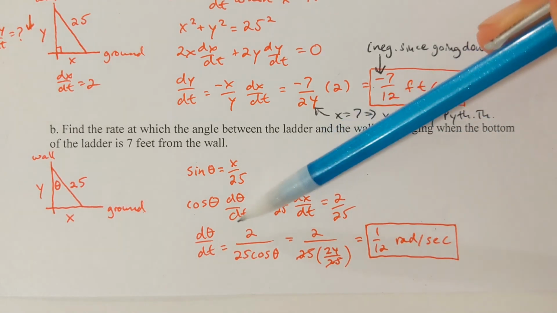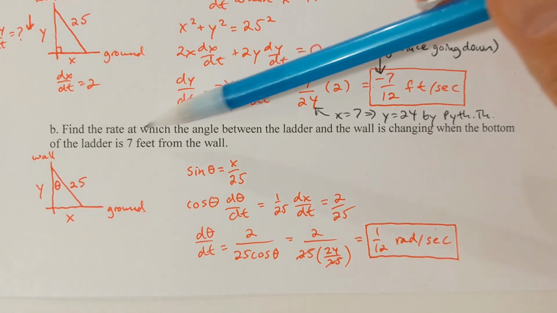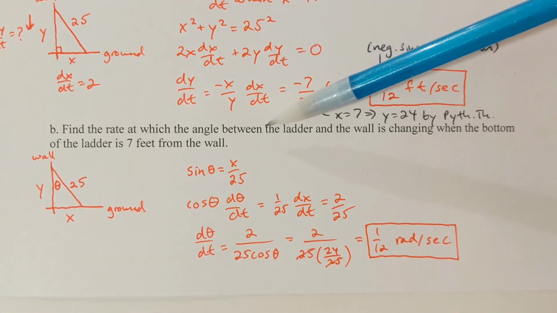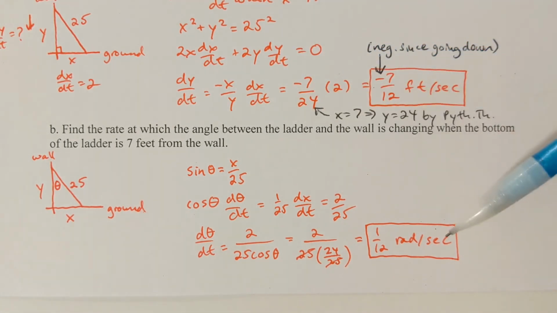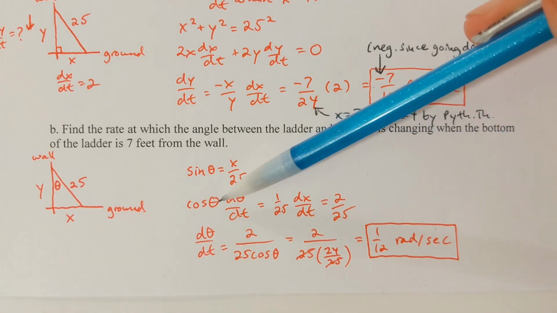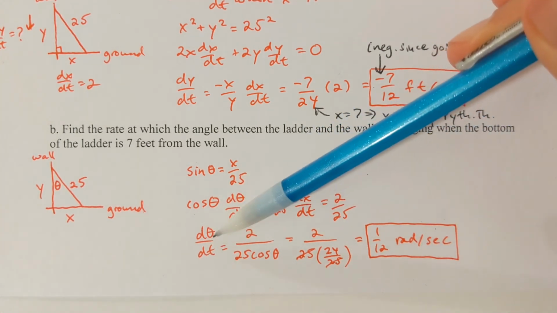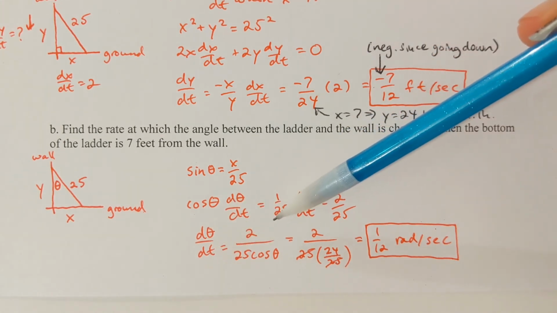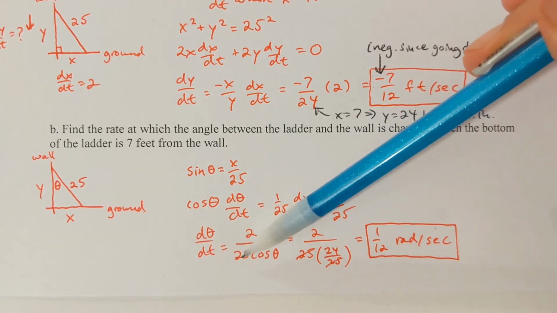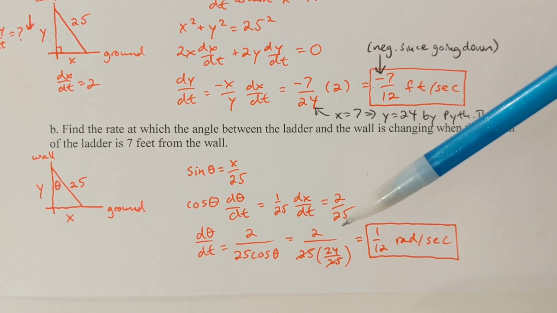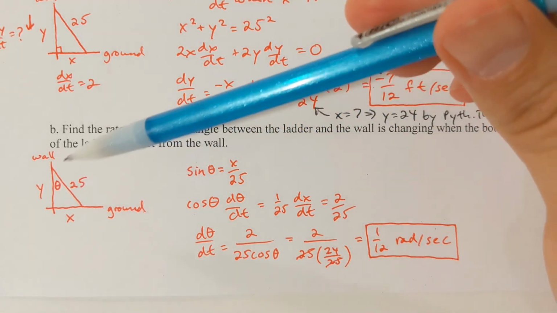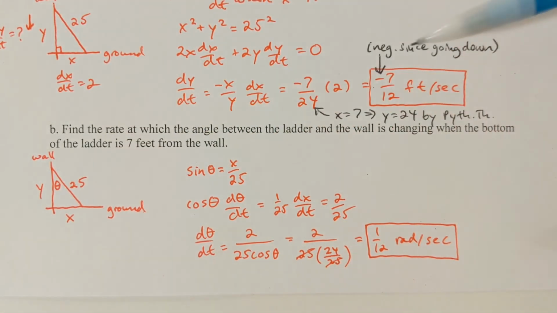Now we wanted to find d theta dt, right? The rate at which the angle between the ladder and the wall is changing. Well, let's divide both sides by cosine theta. So you have d theta dt all alone, and on the right you have 2 divided by 25 cosine theta. Cosine theta is adjacent over hypotenuse.